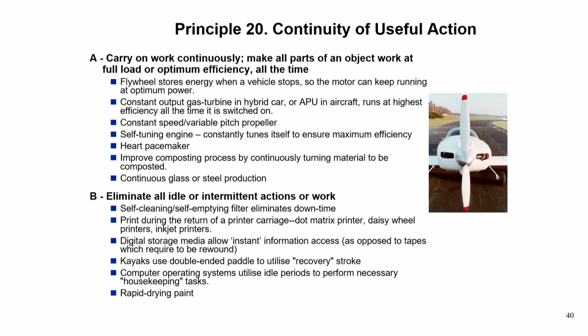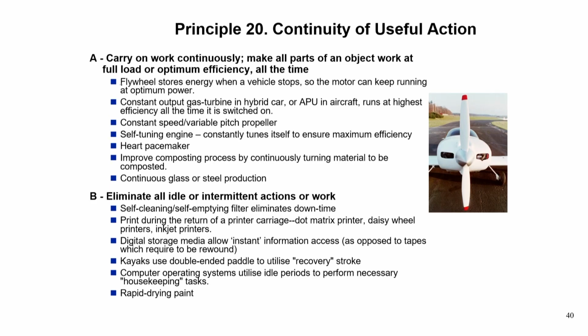Now, I come to continuity of useful action. If an action is already useful, then you try to continue that action without stopping it. That means make all parts of an object work at full load or optimum efficiency. It always comes to my mind that the diesel engine would generally never stop, because if it stops, then you will need much more energy to start it again.